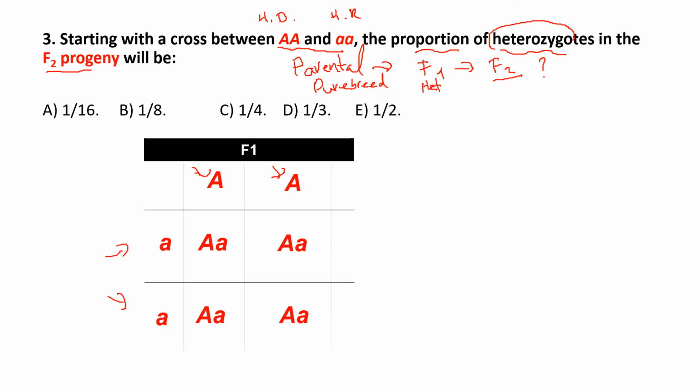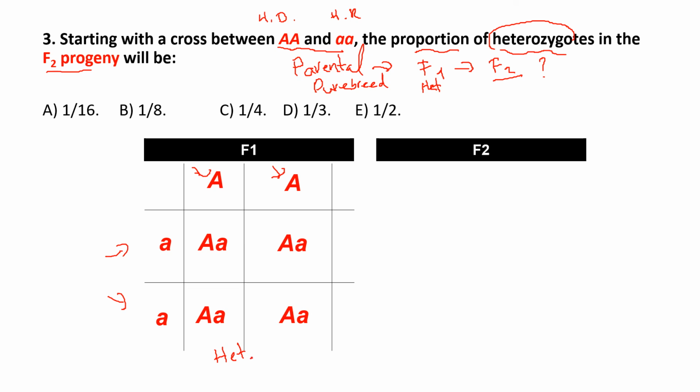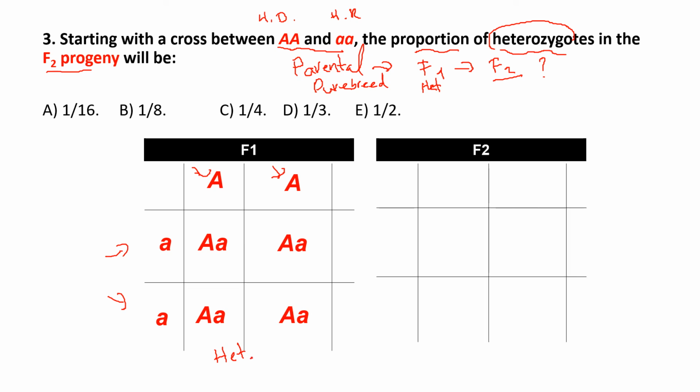All of them are heterozygous, as Mendel showed, and then you have to self-pollinate this. So you take this, and the gametes will segregate again and they reunite randomly, and you get these four options.